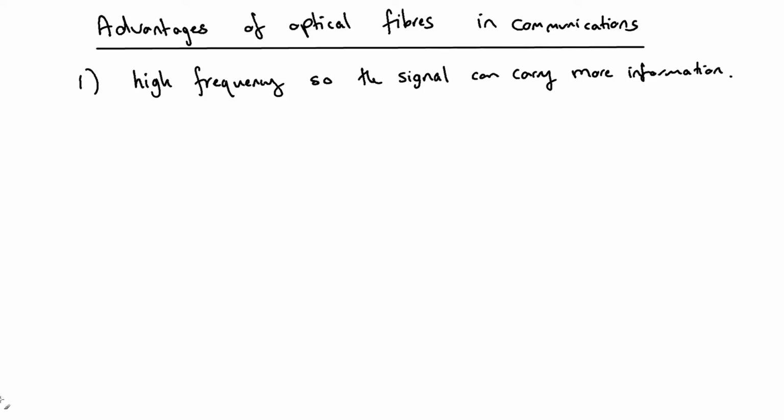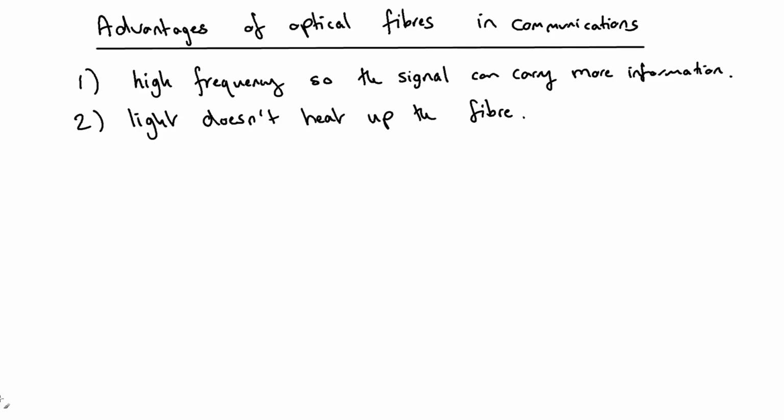We need to be able to transfer lots of information. At the moment they're putting in optical fibre communications in most towns and cities through the UK to enable high-speed internet connections. The high frequency of light transmitted through optical fibres carries a lot of information, which enables that to happen.